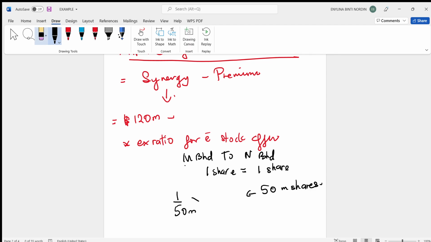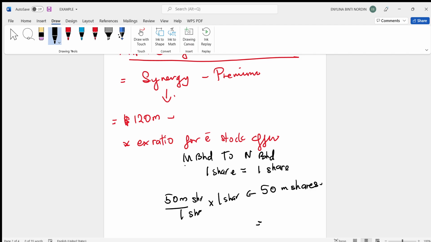50 million shares divided by 1 share and multiplied by 1 share.